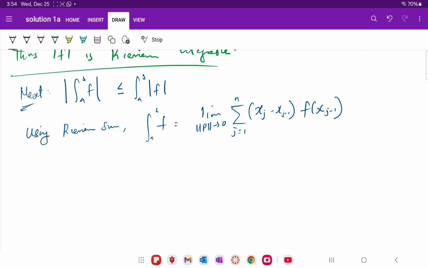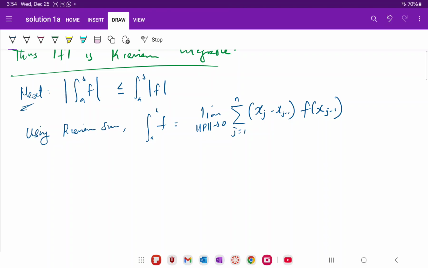The idea is that we have a partition P. As we continue to refine the partition, the Riemann sum will actually approximate and give us the accurate area under the function f.